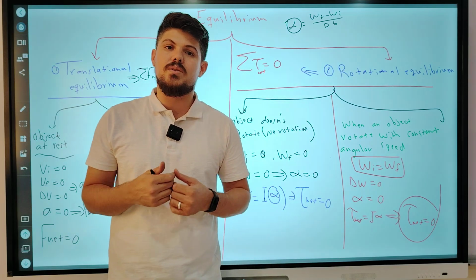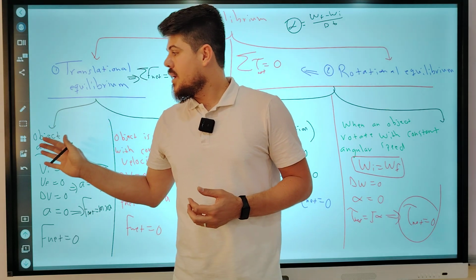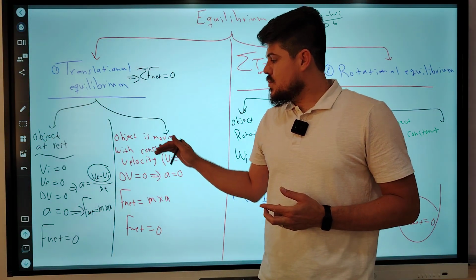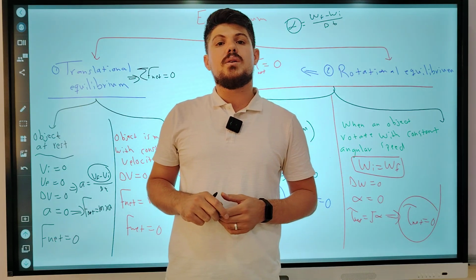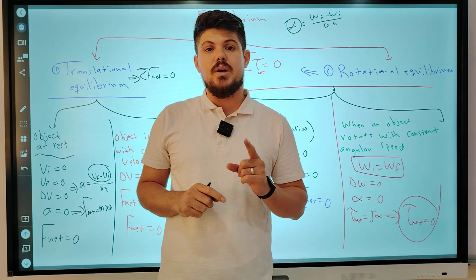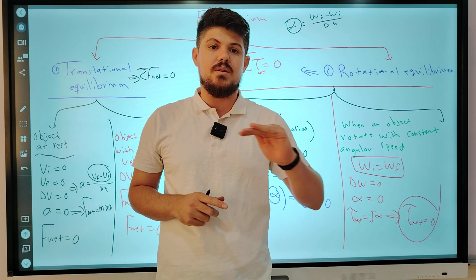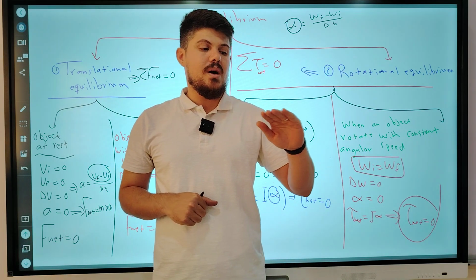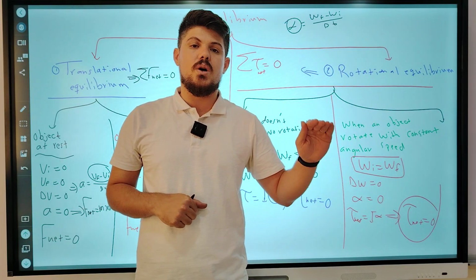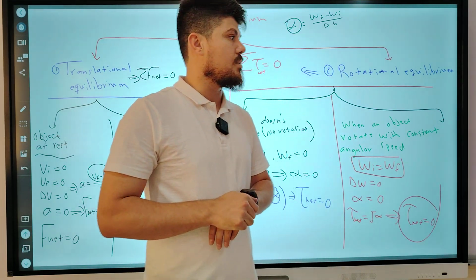According to Newton's second law, acceleration and net force become 0. When an object is moving with constant velocity, it is also translational equilibrium. There is no acceleration, so there is no net force on the object, and net force is equal to 0. This is the translational equilibrium.